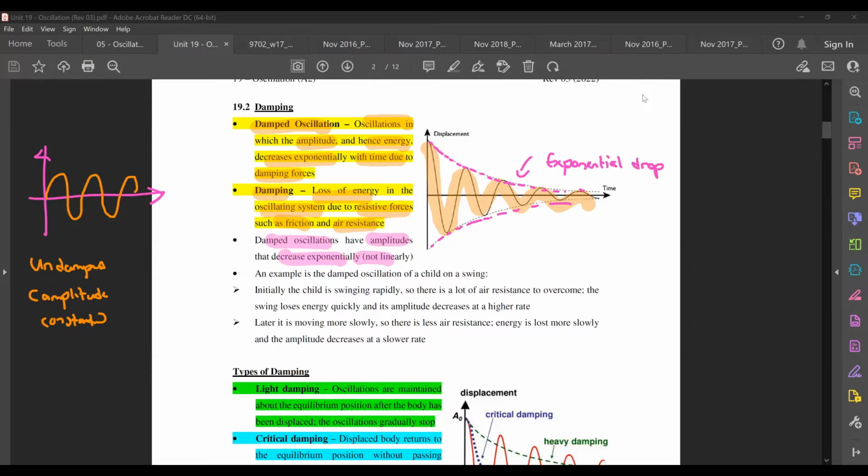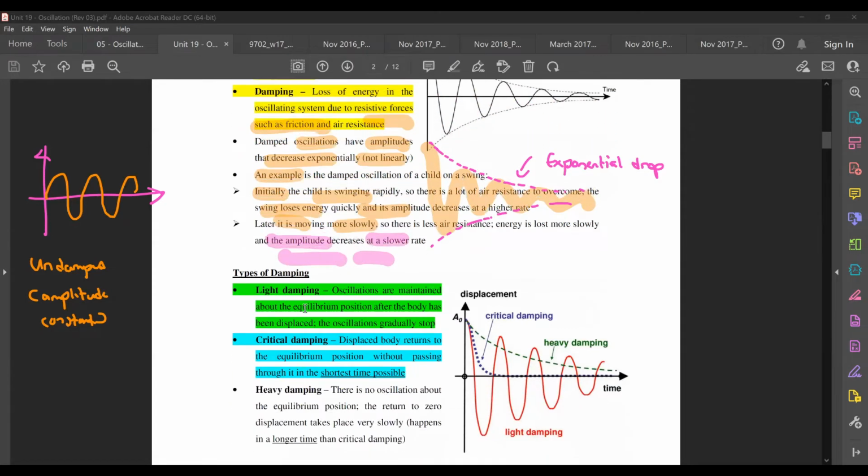If it's a linear drop, it'll be something like this, where if you connect the amplitude points together, it will form a straight line. So for damping, your amplitudes do not drop linearly. They tend to drop exponentially. That's just one thing to note here. The statements below here, you probably don't need to know, so don't bother so much about that.